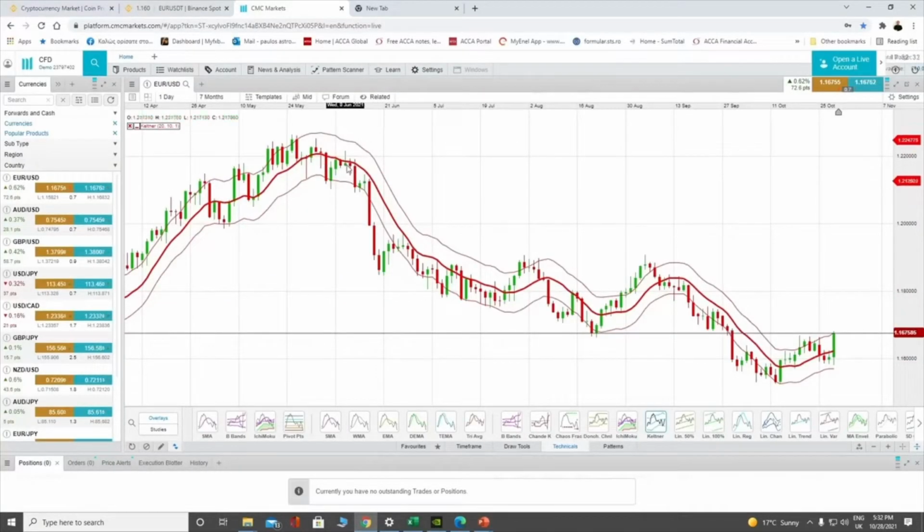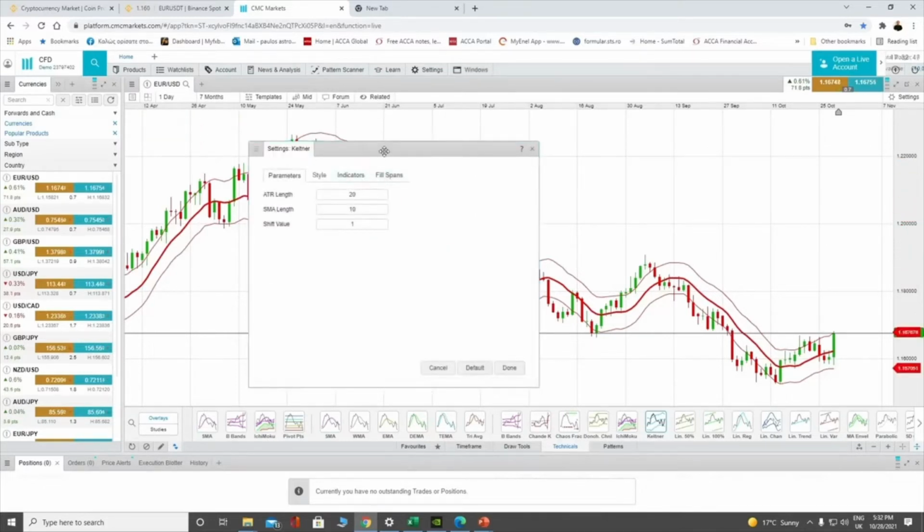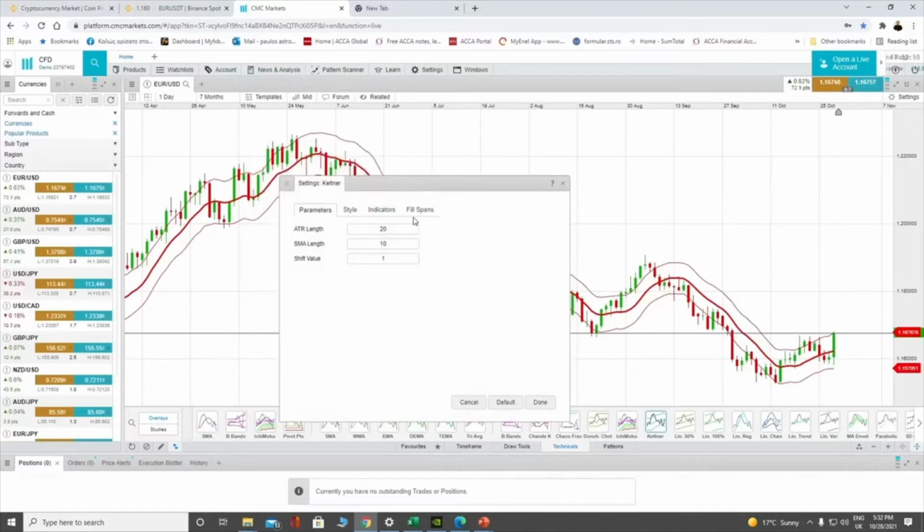I have opened here the Keltner indicator on the Euro USD. You can see that it looks like a channel, like a river. This is our midline, the upper line and the lower line. By default, in this indicator, you can see the 3 most important values. The ATR length, which measures the volatility.